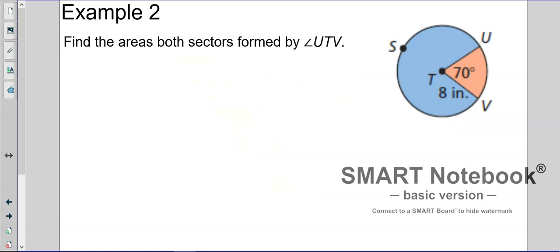All right, so example 2. We have our formula, right? So we have the measure of our arc, 70, divided by 360 times pi r squared. And then you just crunch the numbers. You just type that in your calculator, straight through.